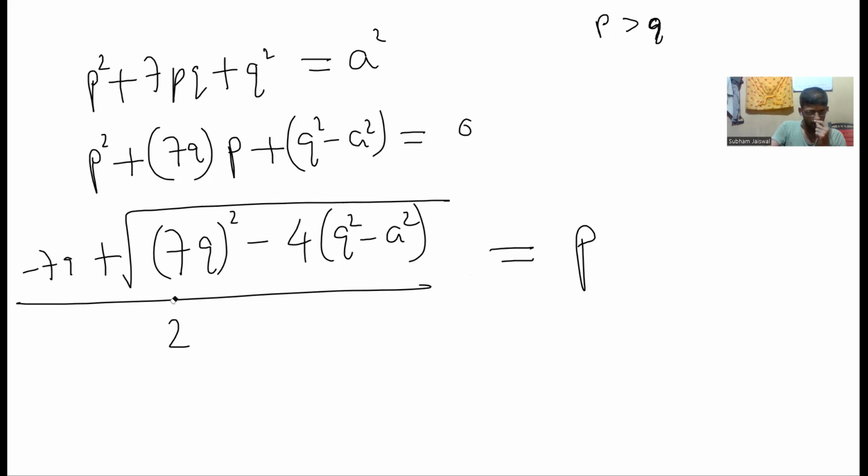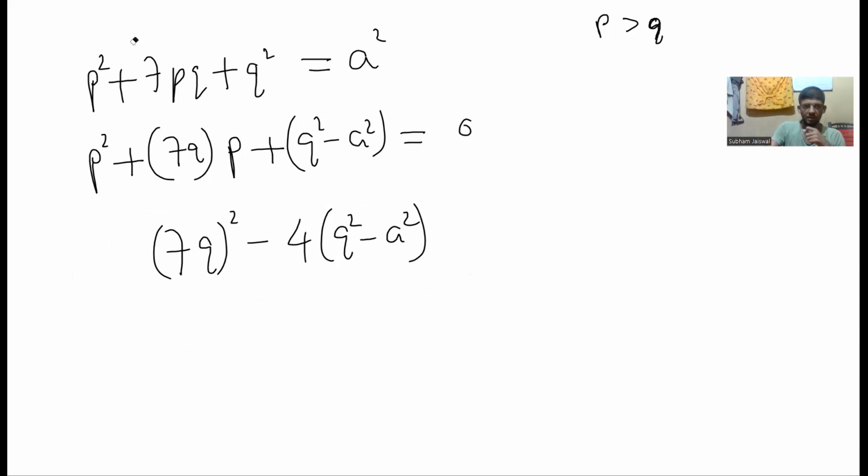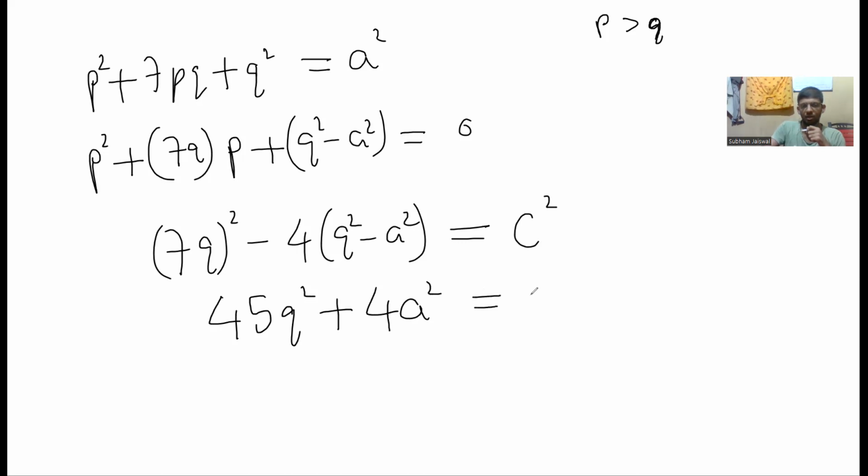The inside thing has to be a perfect square is what the point is. So, but this may be simpler to deal with. You see my point, yeah? Because we don't have PQs now, right? So we have 49 minus 4 is 45. Equal to... This looks like an easier question slightly.